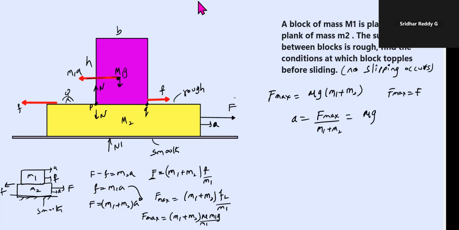Now you analyze only this particular thing. Talk about the normal contact. The friction will pass through the axis of rotation. The normal reaction will pass through the axis of rotation. Consider the torque due to the pseudo force and the weight. Torque due to the pseudo force will be anticlockwise, and torque due to the weight will be clockwise.